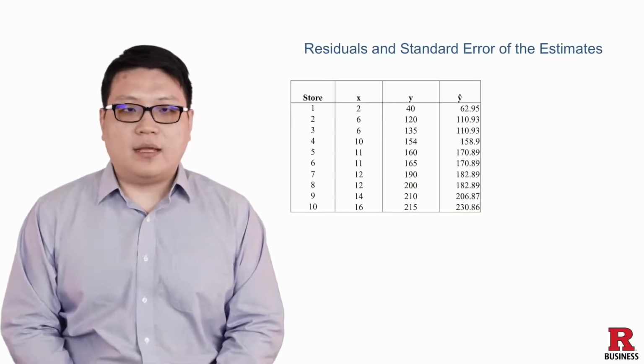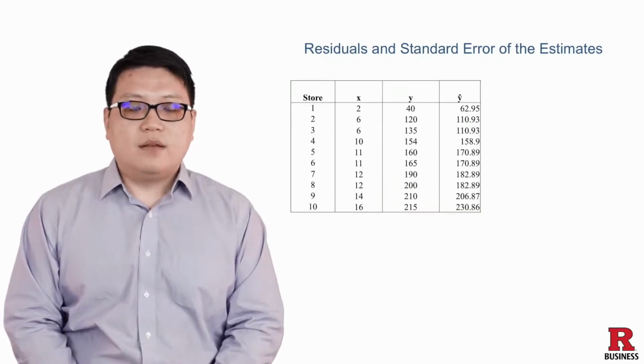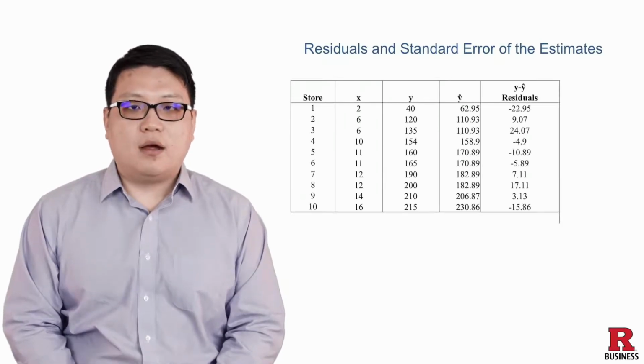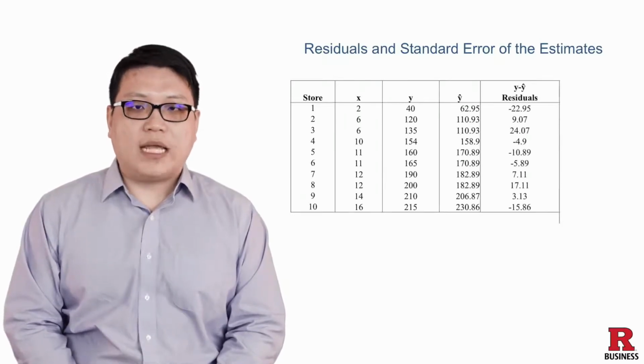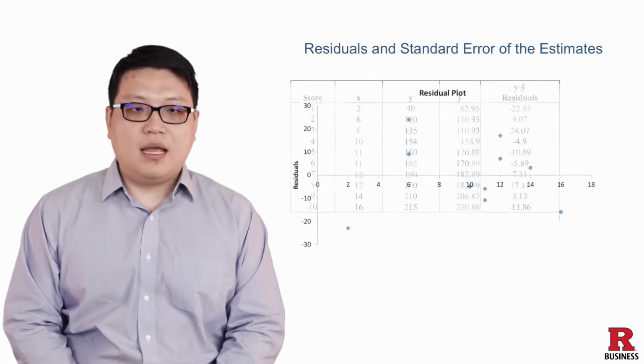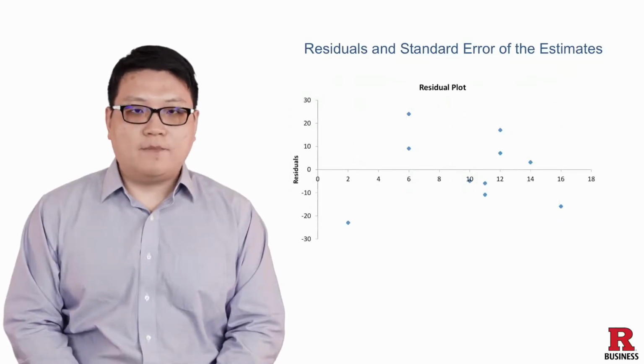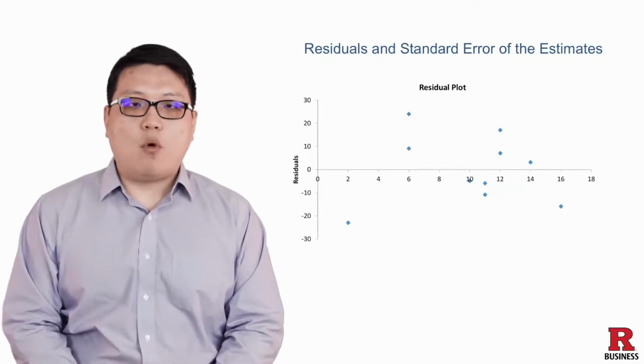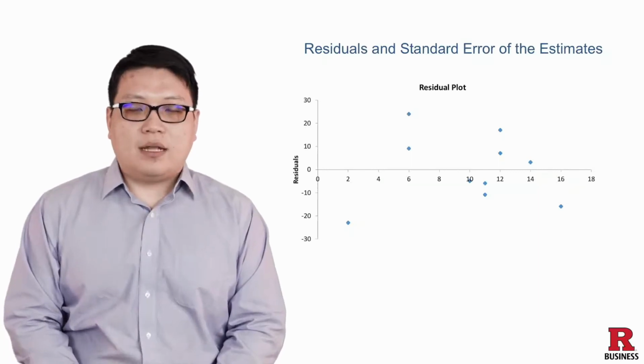We can calculate the residuals just by using y minus y hat, and we can even plot the residuals on the scatter plot. This is what we call a residual plot, where x is the number of employees and y is the residuals.